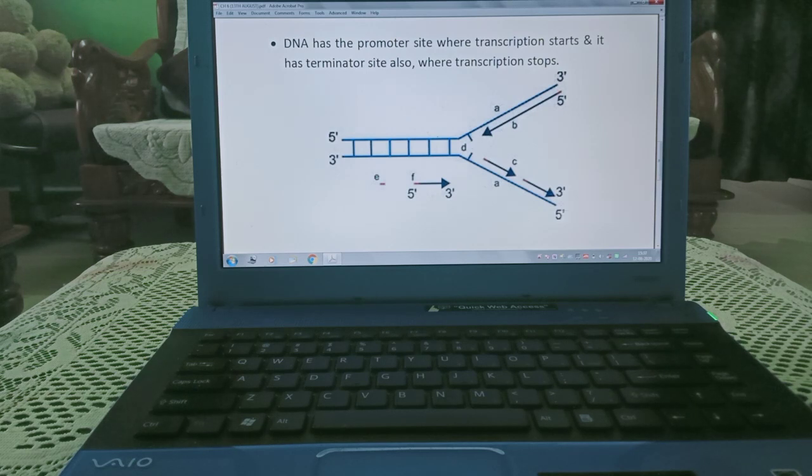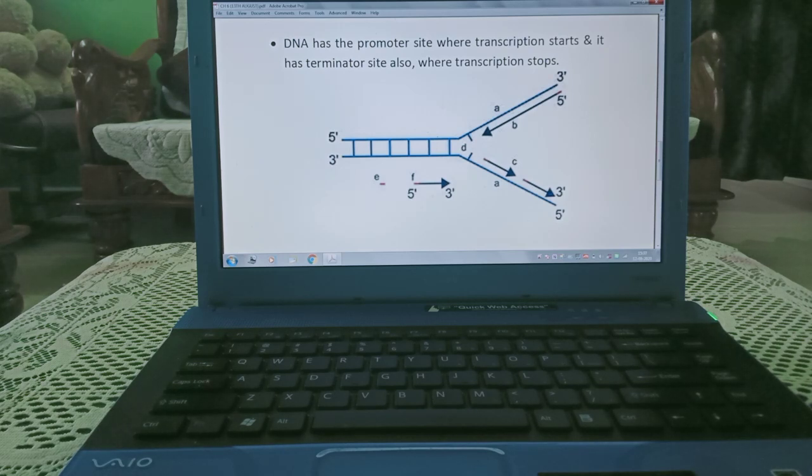Now this is the replication fork, meaning this is the part where the script is written. Now you can see this is the 5' end of DNA, this is the 3' end of DNA, and this entire part is known as the replication fork. Now here you can see 3' to 5', 3' to 5'.